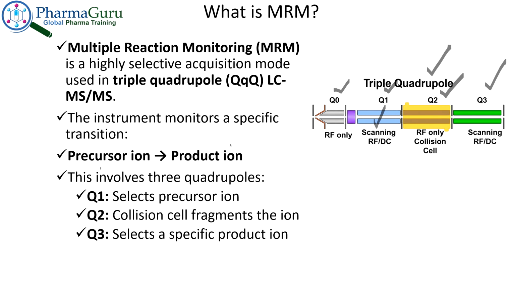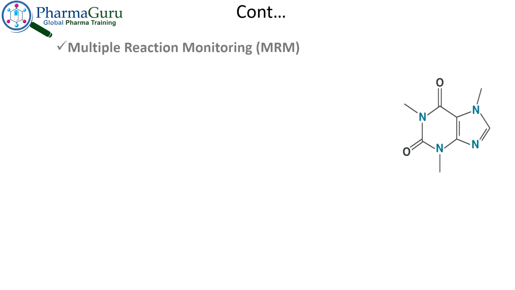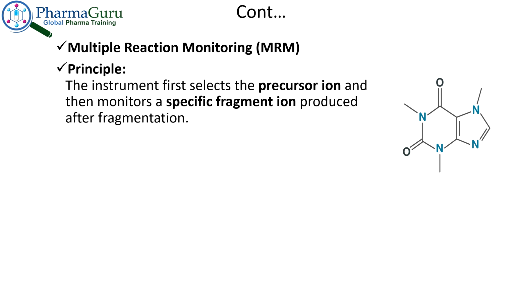It selects a specific product ion. Only the selected transition is detected. MRM principle: the instrument first selects the precursor ion and then monitors a specific fragment produced after fragmentation.